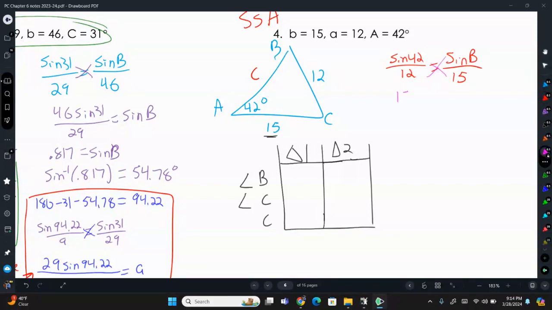Cross multiply. We're doing the law of sines so much that we're going to be masters at it very soon. So if we type this into our calculator, 15 times the sine of 42 divided by 12, we get 0.8364.